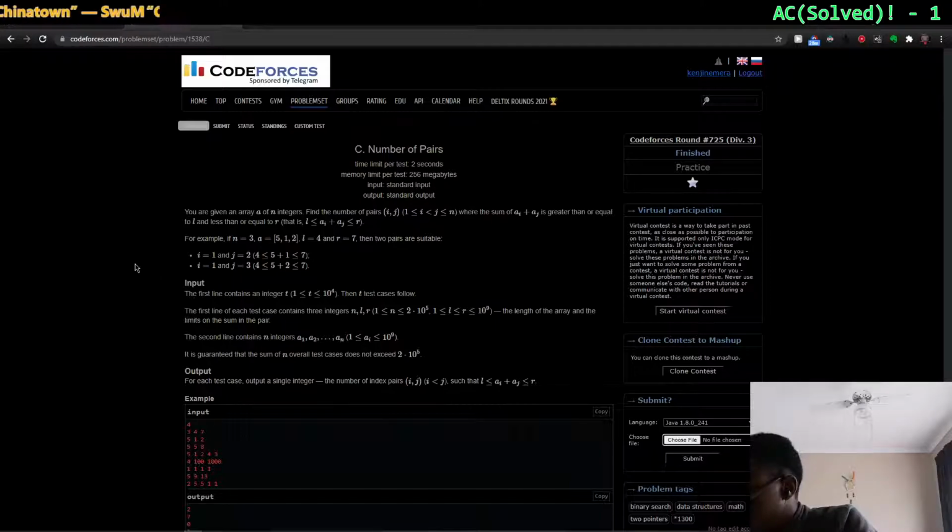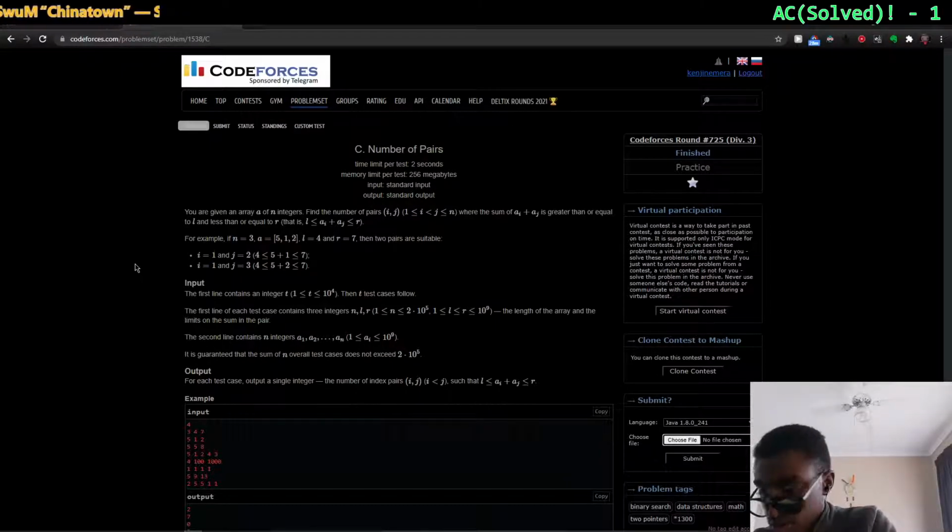Do they give us L and R? Wait, they give me T. The first line of each test case contains n, L, and R, and then the next n values are the array. So let's do a test. So 5, 1, and 2. Just want to make sure this is still recording.